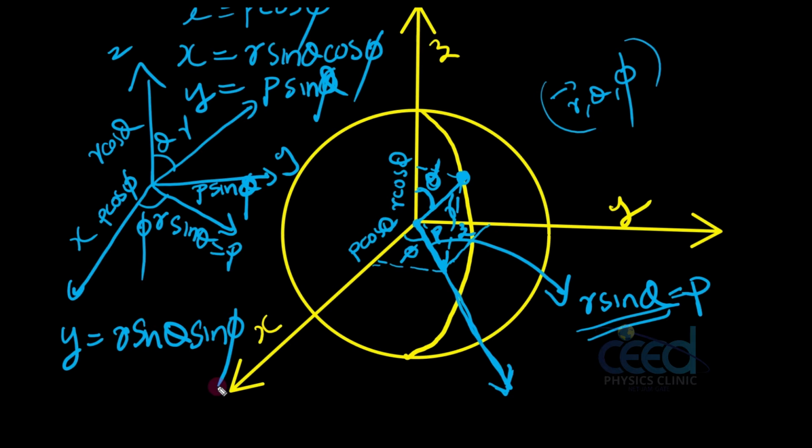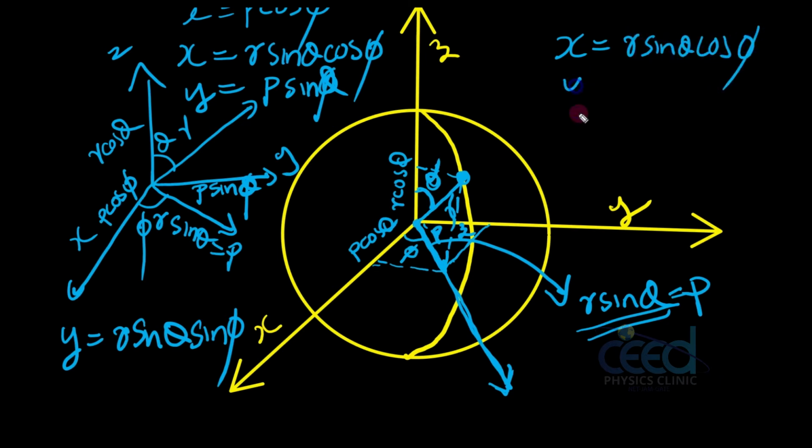So let me write it here again. X is equal to r sin theta cos phi. What about y? Y is equal to r sin theta sin phi.